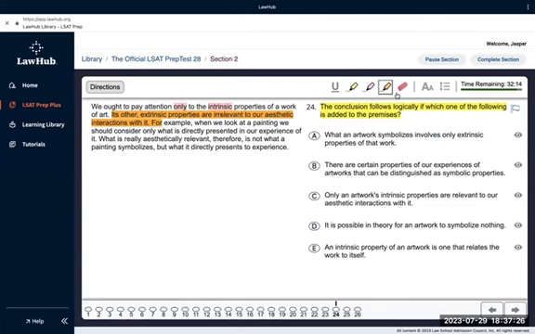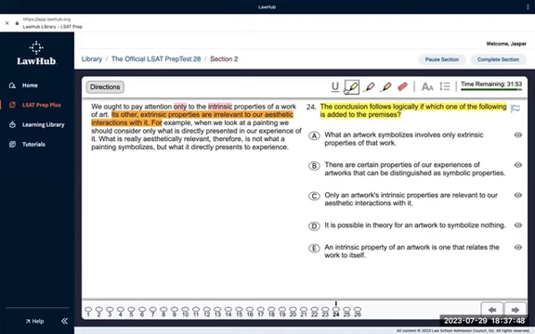For example, when we look at a painting, we should consider only what is directly presented in our experience of it. What is really aesthetically relevant, therefore, is not what a painting symbolizes, but what it directly presents to experience.